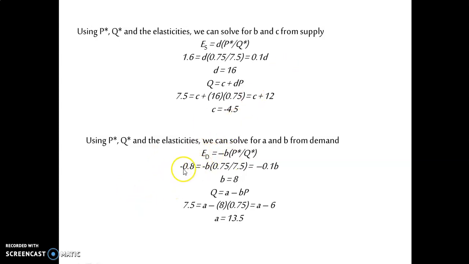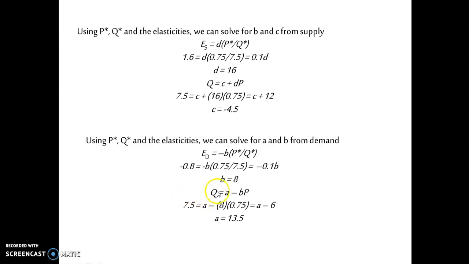We know that it would be negative because it relates to demand. So therefore, we can solve for minus B. That is our first parameter we need to solve for, given our elasticity coefficient of minus 0.8 and our equilibrium price and quantity. Thus, our only unknown is minus B in this formula, and B is thus equal to 8.